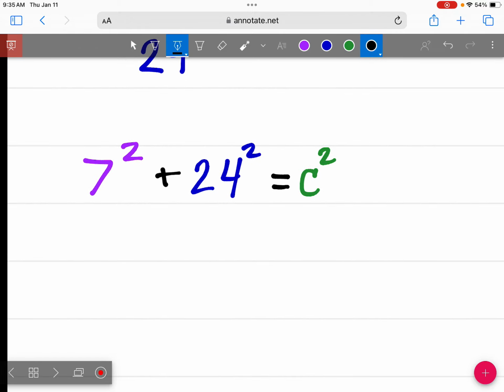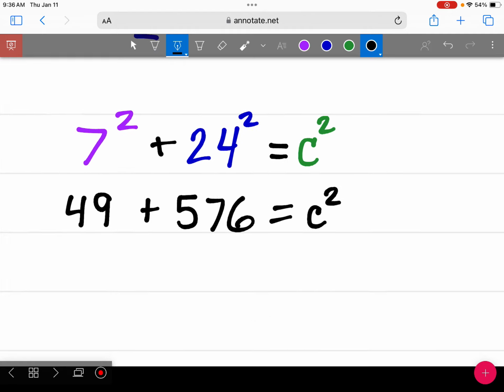So we're going to multiply these out. 7 squared is 49. That one we should know off the top of our head. 24 squared we will not know off the top of our head. But luckily we can use our very bestest friend, the calculator. And we get what? 576 equals c squared.